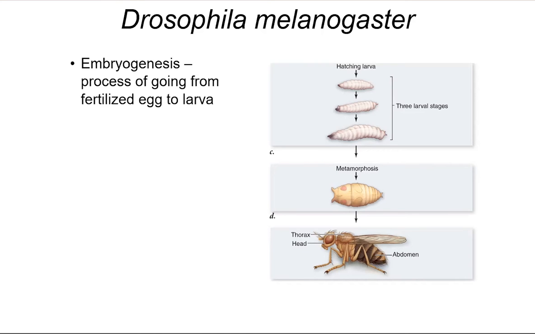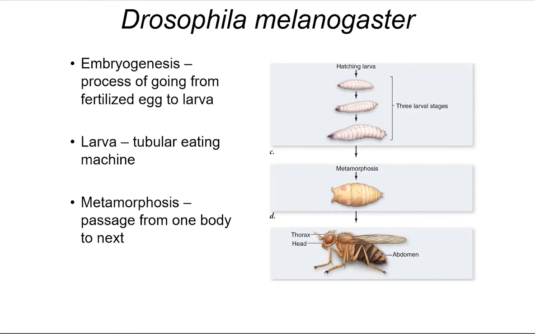Now, embryogenesis in Drosophila, the common fruit fly, is considered development from a fertilized egg to a larva. The larva's primary role is to eat. And then after metamorphosis, in which the larva develops into the adult fruit fly, its job is to breed.